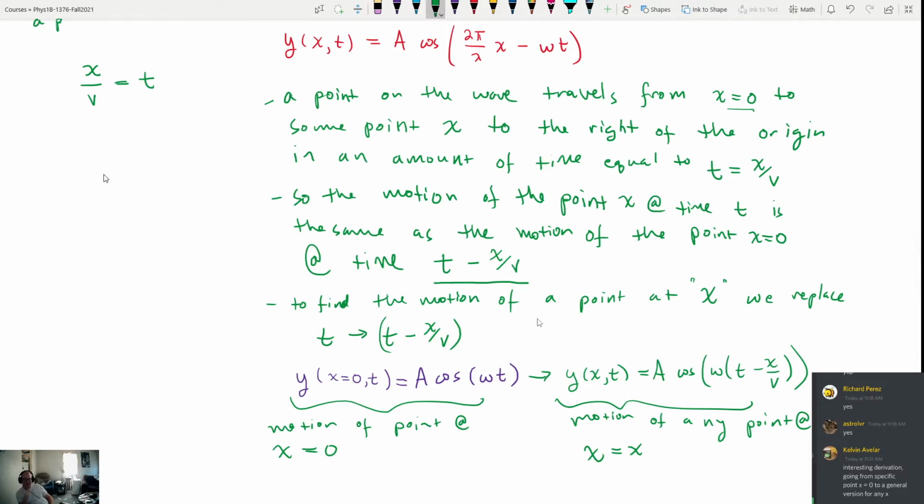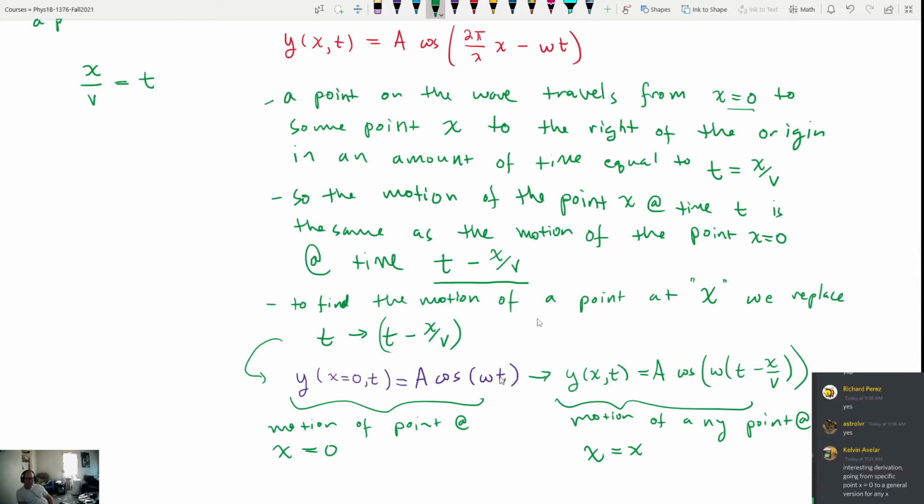Yeah, it's interesting, but does it make sense? That's the question. The real question is, does it make sense? Going from this step to this step, I mean, all you're doing is replacing t, right?